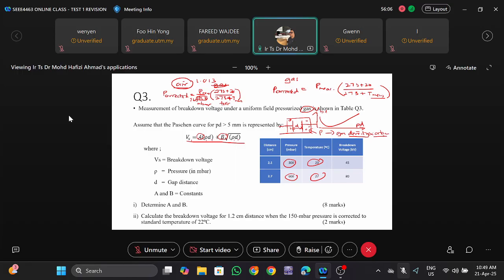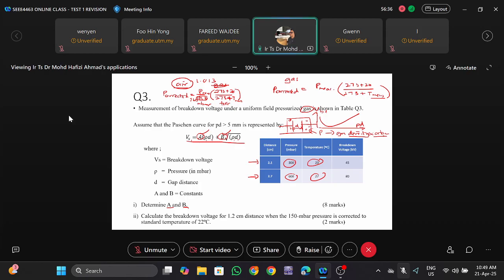Basically, two parameters will be given so that you have two simultaneous equations, because you have two unknown parameters here, A and B. So basically we need to find A and B, right? And then the next question, because you already have A and B calculated from the first question, you have a complete equation.